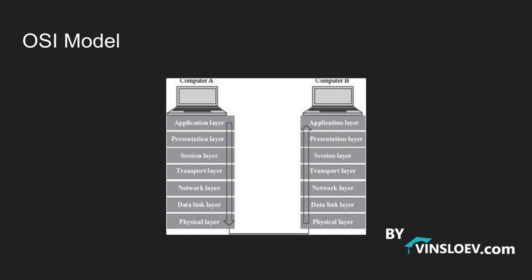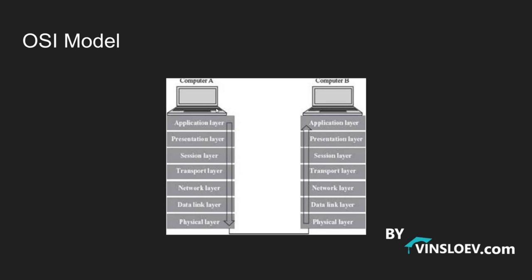So even though we now know there are these several layers, it's important to see how this is working in practice. For example, if we have computer A right here and computer B right here, then a person on computer A is going to send something to computer B. He is starting on the application layer, and then the computer and the electronics within his computer are working their way down from the application layer all the way down through the different layers until they reach the physical layer, and then it is going to be transferred over to computer B, which starts from the lowest layer and then works its way up until it is capable of presenting the data that computer A sent.